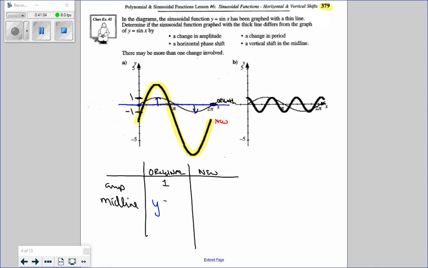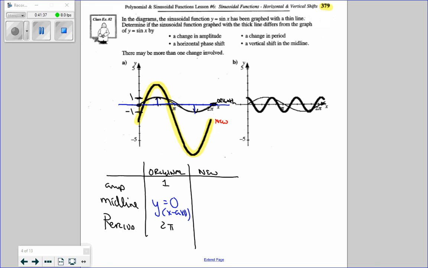So the original has a midline of y equals 0, which is the x-axis. Okay? The period. So from start to finish, how long did it take? 2 pi. You okay with that? So that's what we've been talking about.